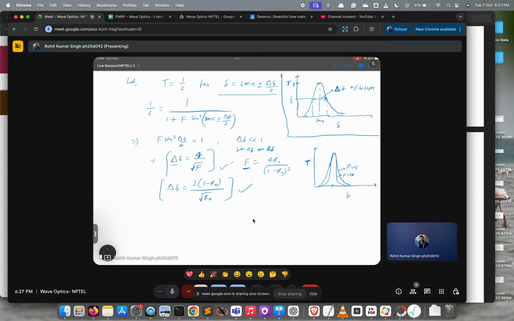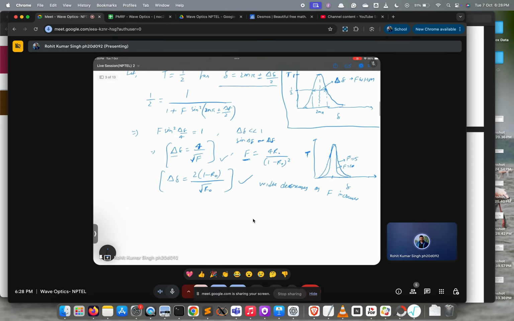So you get narrower and narrower peaks. So basically the width decreases as the coefficient of finesse increases. So just remember this. This is an important formula that we will use later.